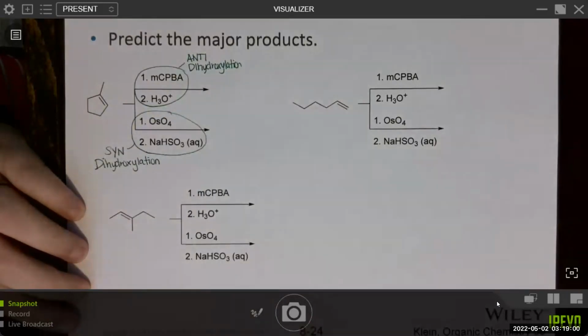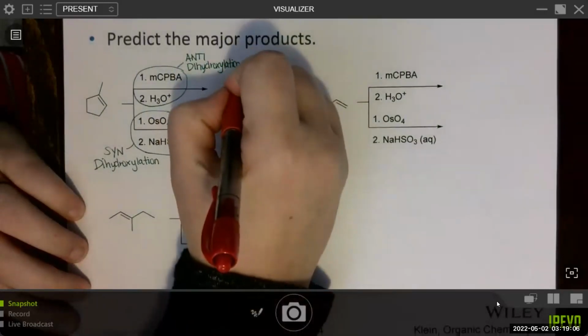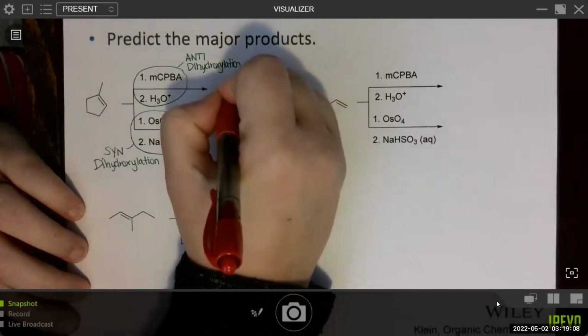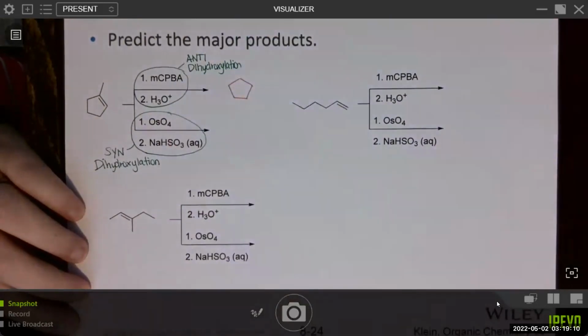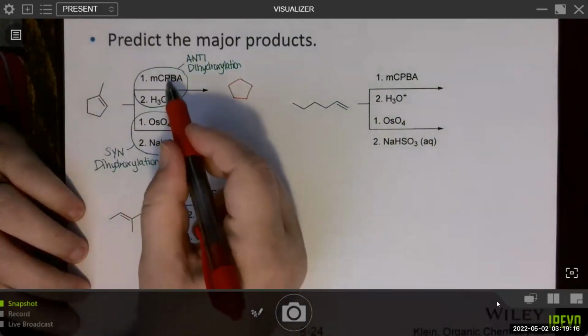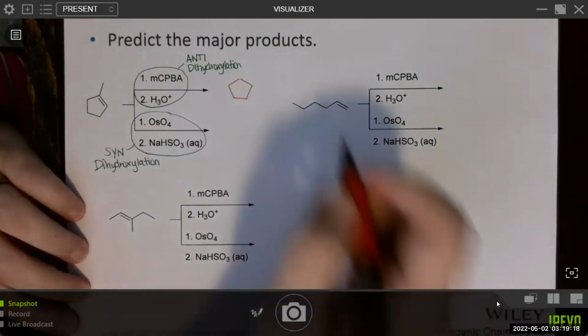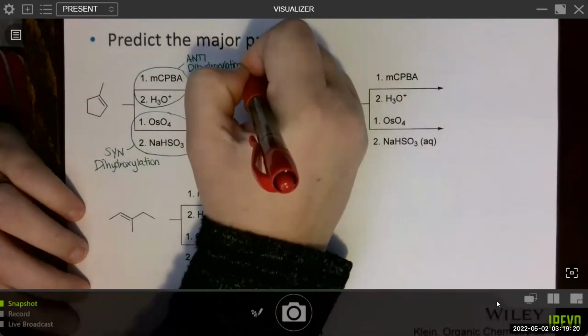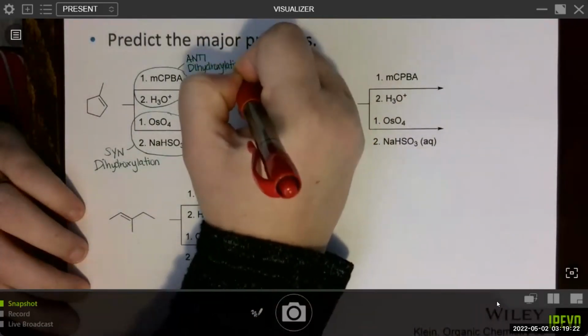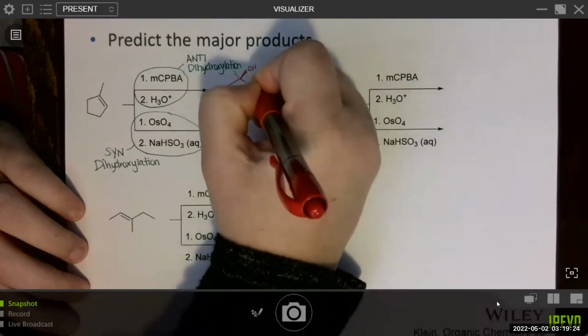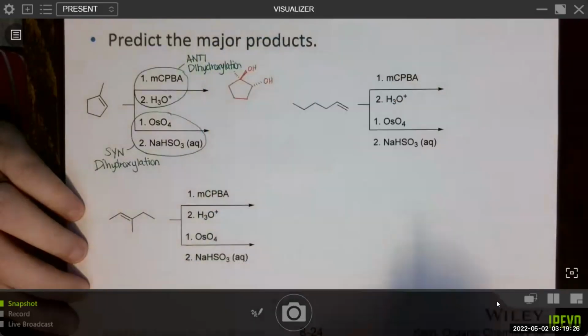Okay, so based on that, we can work on trying to draw the products. So we have a 5-membered ring. I'm going to use model 2, so I'm going to keep the ring in the plane. And then I want to make sure that my 2 hydroxyl groups that I'm adding get added anti. So if I place one on a wedge on one carbon, then I'm going to place the other one on a dash.